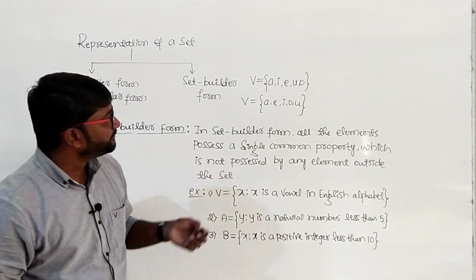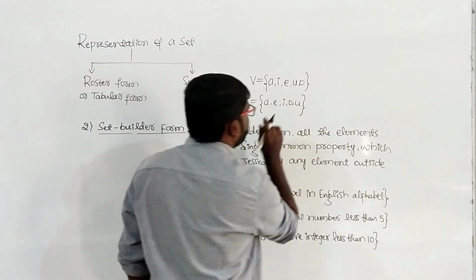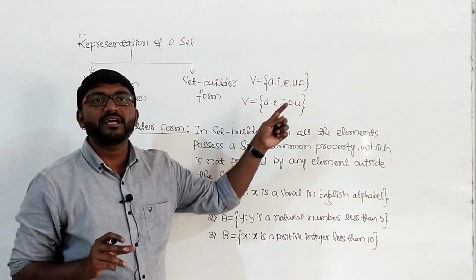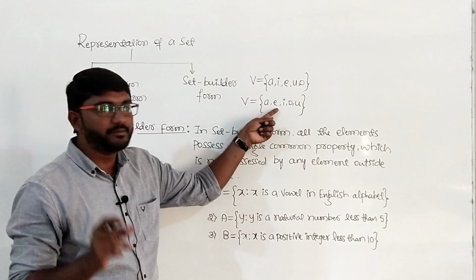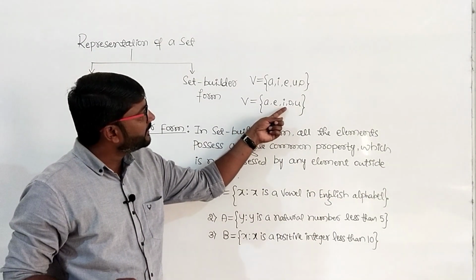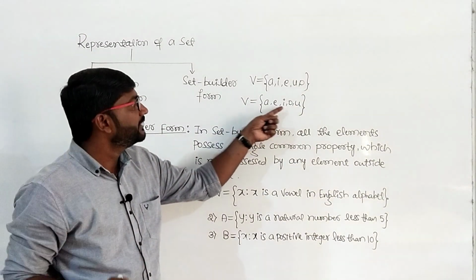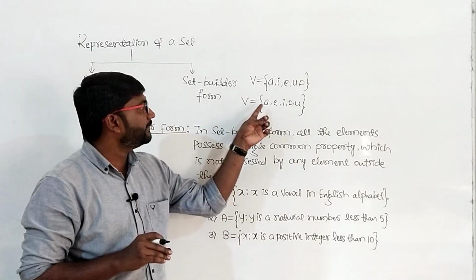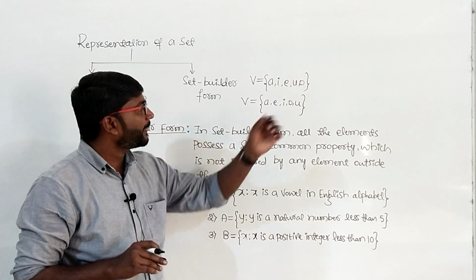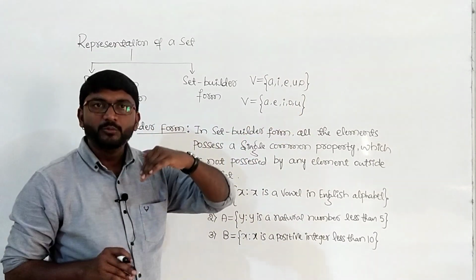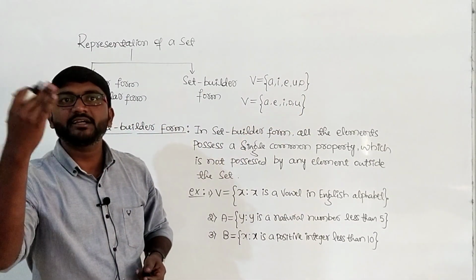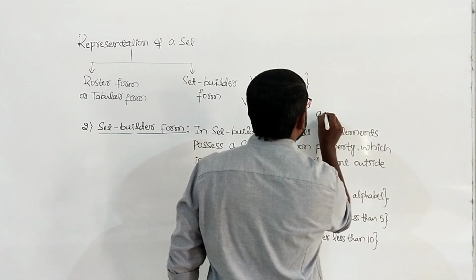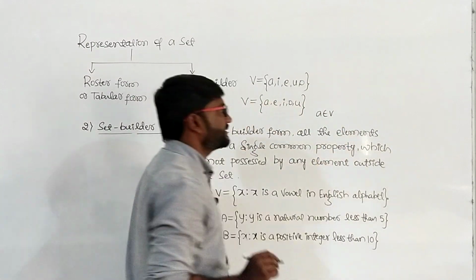And one more thing. The element A belongs to the set V, the element E belongs to the set V, and the element I belongs to the set V. How do you write this symbolically? We have said in words that the elements belong to V, and U belongs to V. How do you write this symbolically? So A belongs to the set V. This is how we write.